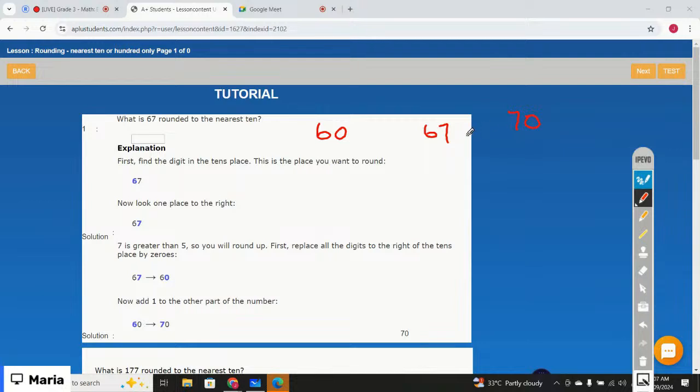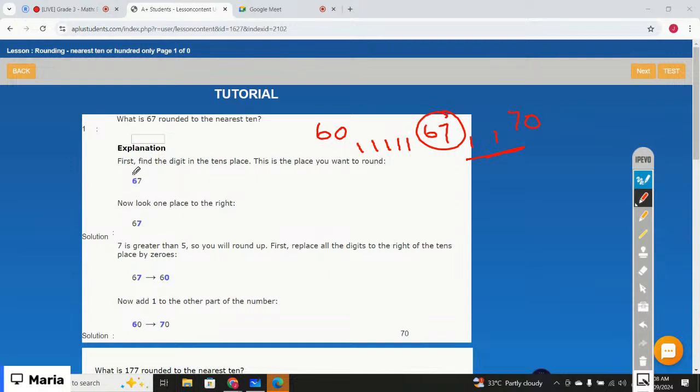That is just 3 points, 68, 69, 70, 2 points away from 70, and 7 points away from 60. Basically, you have to see the number is near to which 10, right? That is just 2 points away from 70. So it would be rounded off to 70. Got it? That is an easier way to explain.